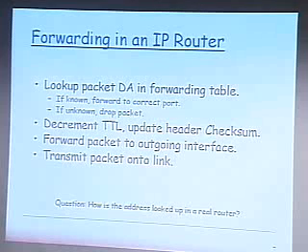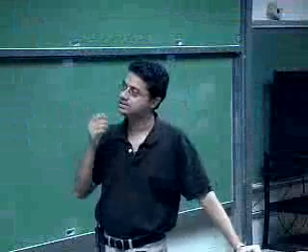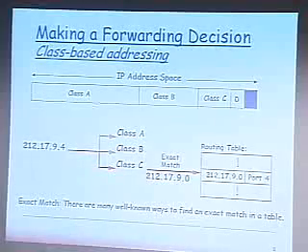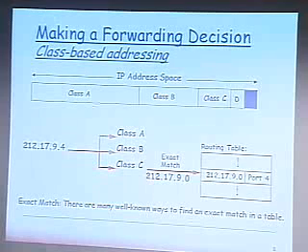So how is the address looked up in a real router? Originally, the address was looked up based on class-based addressing.